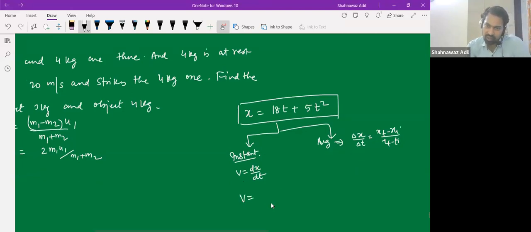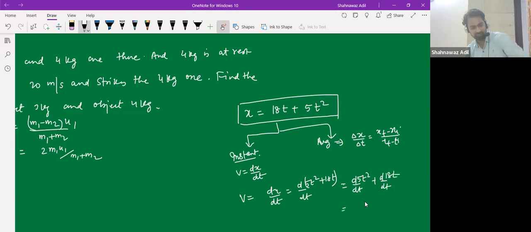V is dx by dt, right? So d by dt of, let me write as 5t square plus 18t. So what would be that? You have done this calculation yesterday. D by dt of 5t square plus d by dt of 18t, right? So 5 is taken outside, d by dt of t square.